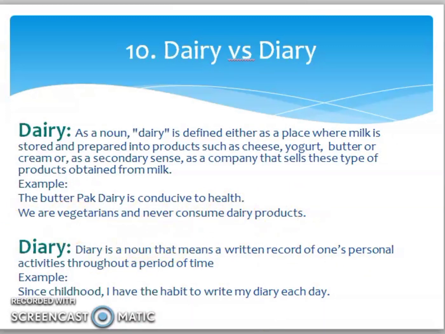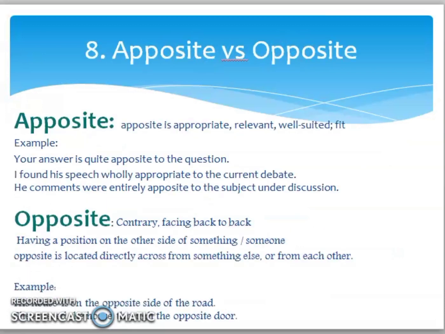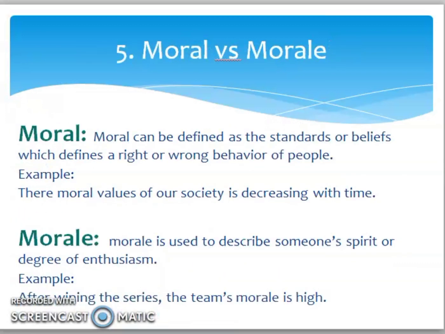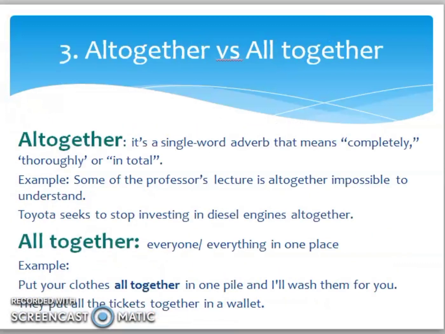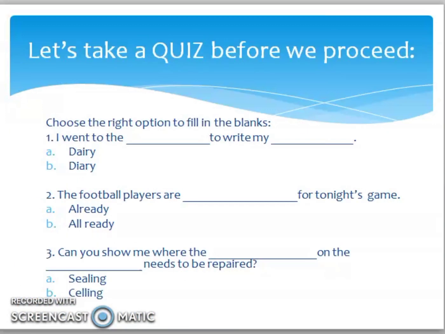Okay, so we have learned 10 confusing pairs of words in today's lesson. So let me go back to the quiz I left in the starting. So let me share the right answers.